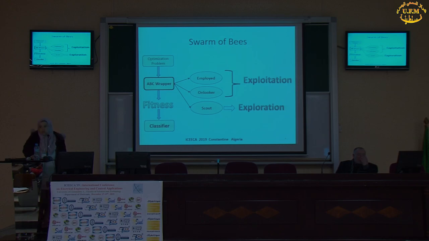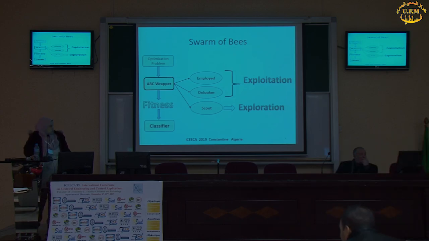In artificial bee colony, we have different categories of bee: employed bee, onlooker bee and scout bee. Employed and onlooker bees share the same task, which is the exploitation process. We mean by exploitation the process of obtaining a better solution, a better source, given the actual source.